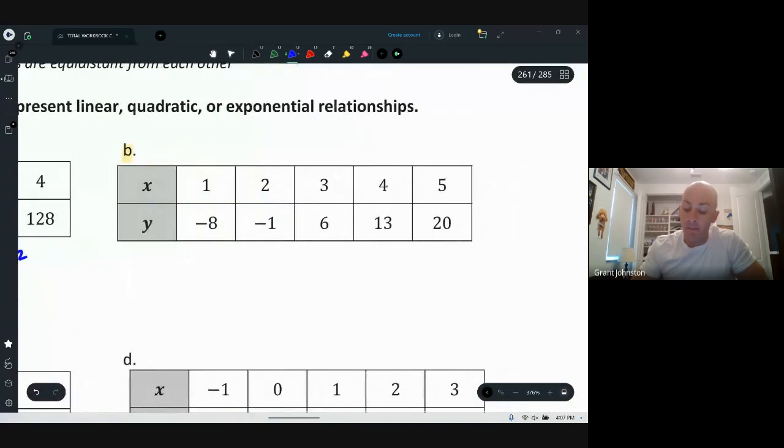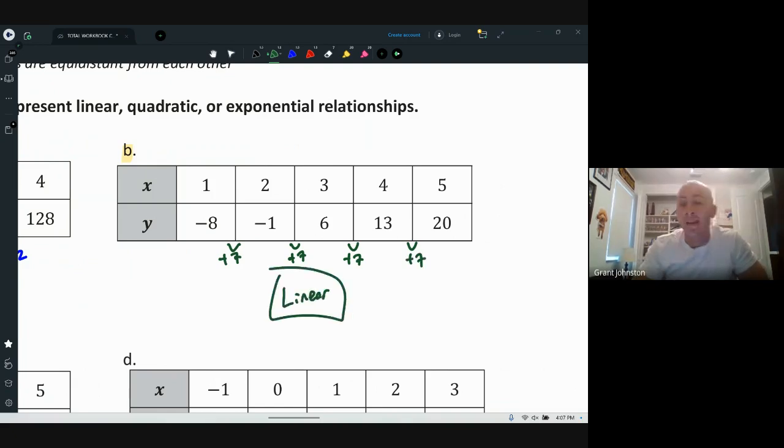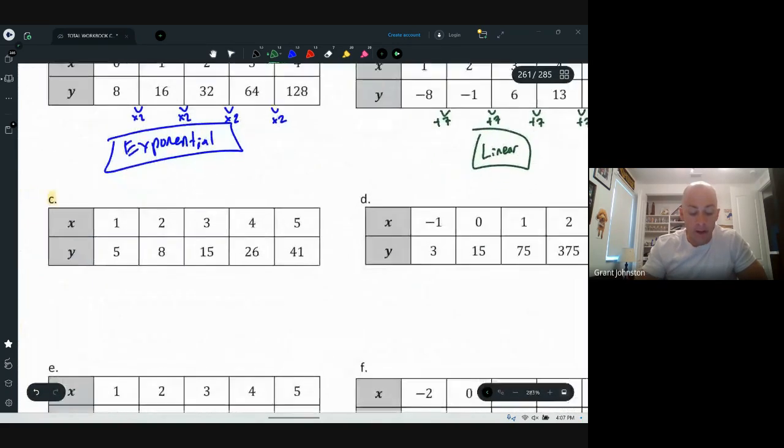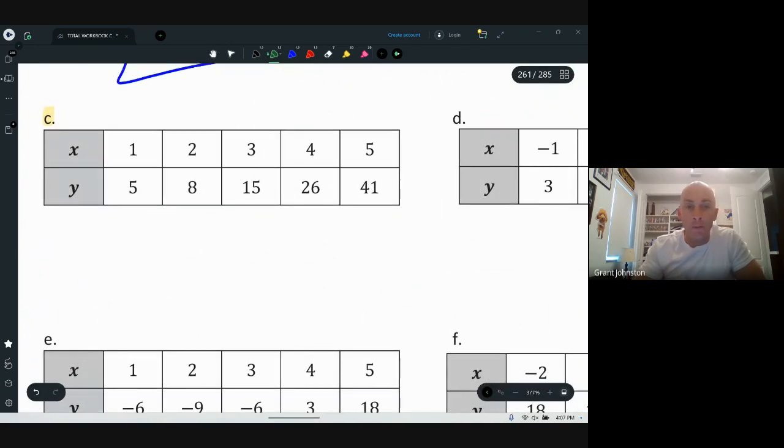Now, B, this certainly doesn't look like any multiplication going on, but it does look like it's adding the same amount each time. Looks like it's adding 7, right? So that's linear. It's going up by a constant amount each time. Now looking at C, it certainly doesn't seem exponential to me. 5 times what is 8?